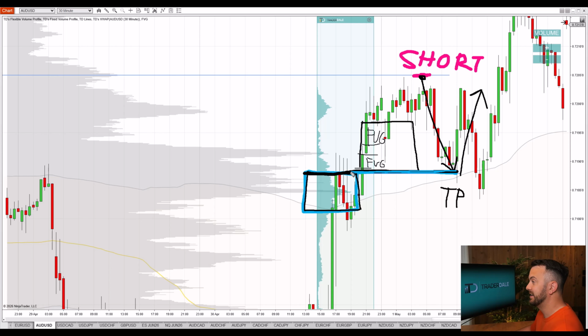Also, as you can see, it aligns with the beginning of this heavy volume zone. So fair value gaps, volume profile, and also the first deviation of VWAP told me that this could be a support, or in other words, a barrier, and the price might have problems going past it. So that's why I quit the trade here.